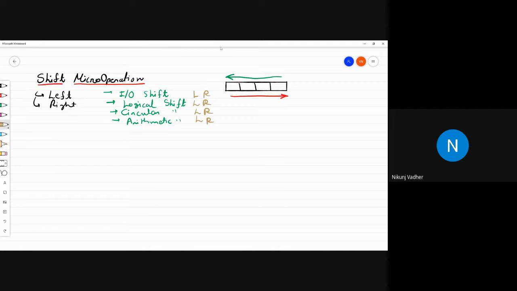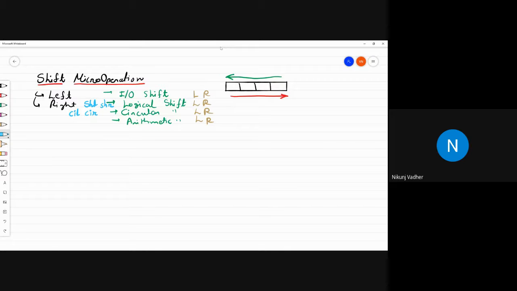Now this logical shift is represented using SHL for shift left and SHR for shift right. Circular: CIL, circular left, and CIR, circular right.